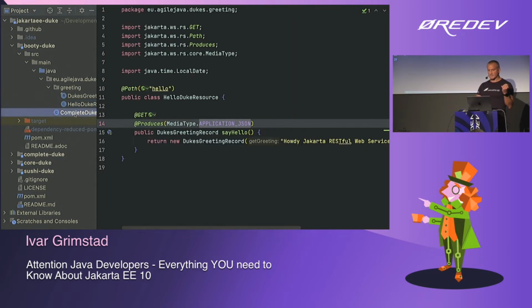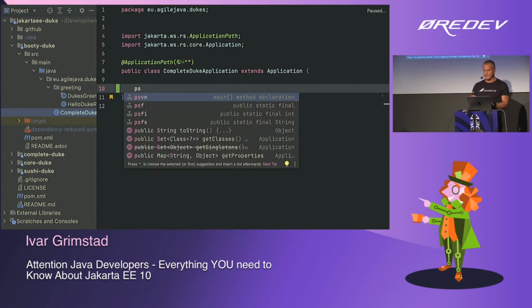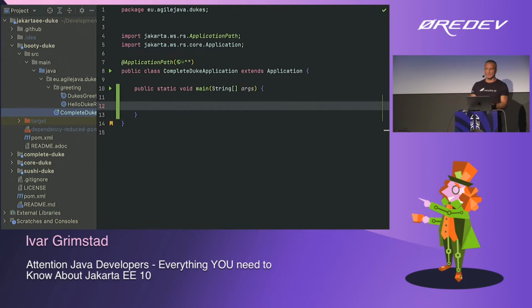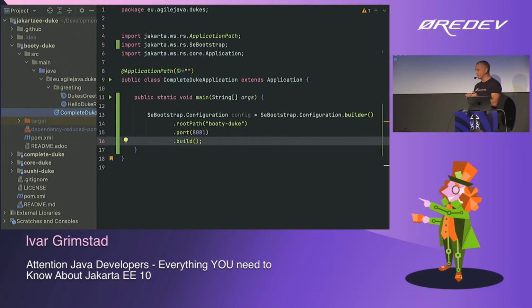So if I want to have this run in Java SE, I have to bootstrap it. And I can do that in any main method. And in my case, I've chosen to have the main method here in the application class. You can do it outside, but it's convenient to have it here since this is the configuration of the application. What I also have to do is some basic configuration. And in this case, I'm just setting the root path and the port numbers.